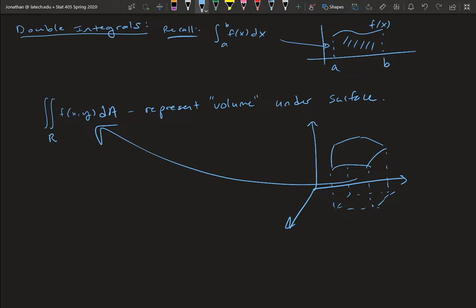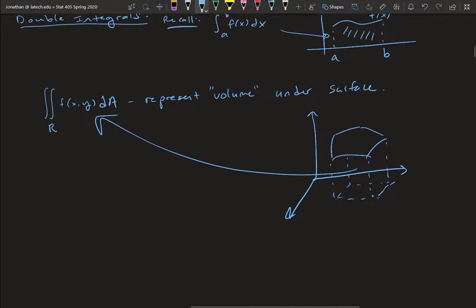Now volume, we use it very loosely, similar to how we used area under the curve very loosely, because we know now that integrals can represent probability. So integral f of x dx could be probability. Well, the same thing is going to be true for a double integral. It's not necessarily volume under a surface. It's going to be the probability that two random variables are within a certain region.